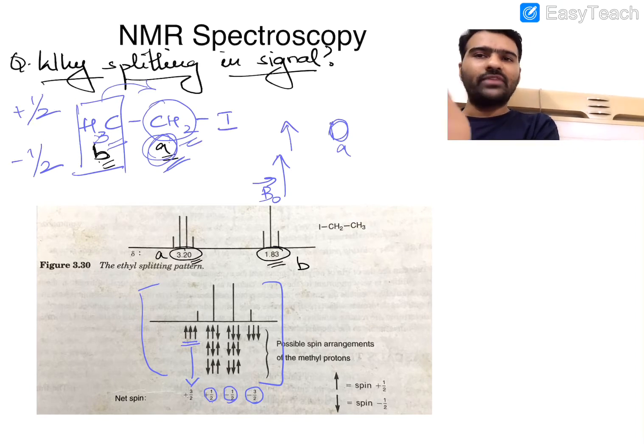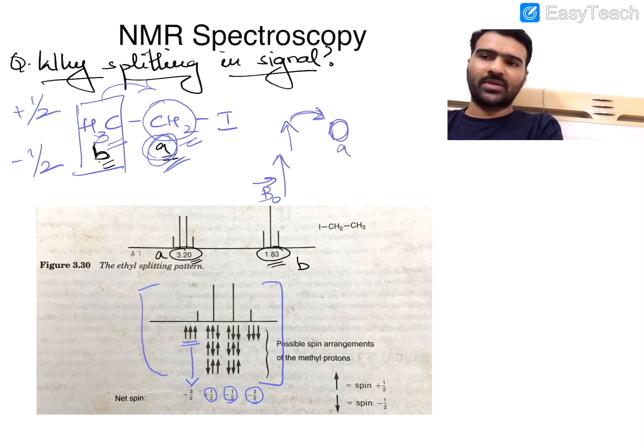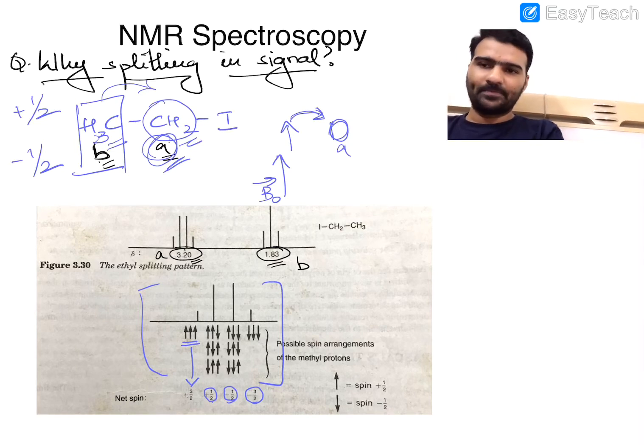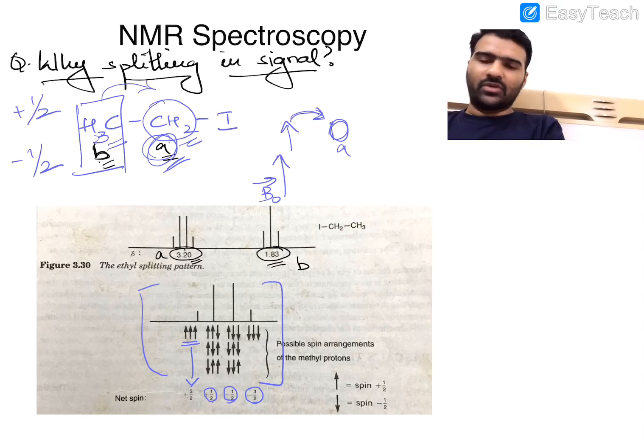So there is going to be some upfield and downfield shifts that will be observed to the tune of whatever number of nuclei are present as its neighbor and affecting the magnetic environment around the nucleus as a part of the A subgroup.